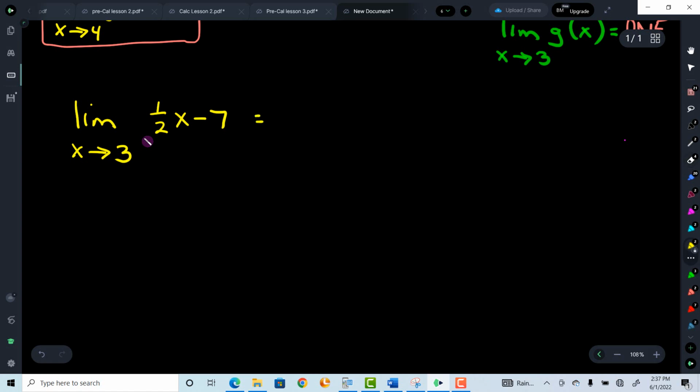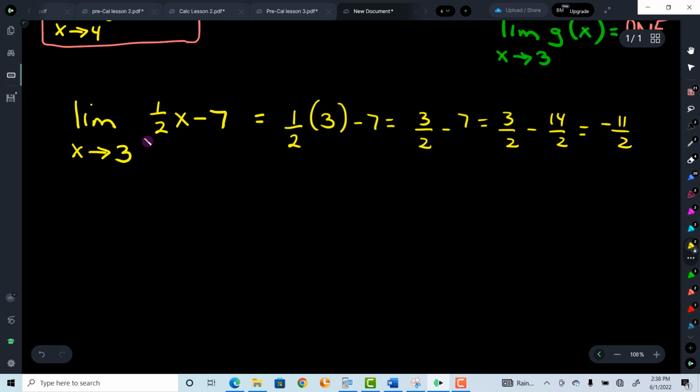So all I'm going to do here is substitute in the value for x. It's really simple. So we're going to do 1/2 times 3 minus 7. That gives me 3/2 minus 7, or 3/2 minus 14/2, which gives me negative 11/2. The limit as x approaches 3 of 1/2 x minus 7 is negative 11/2.